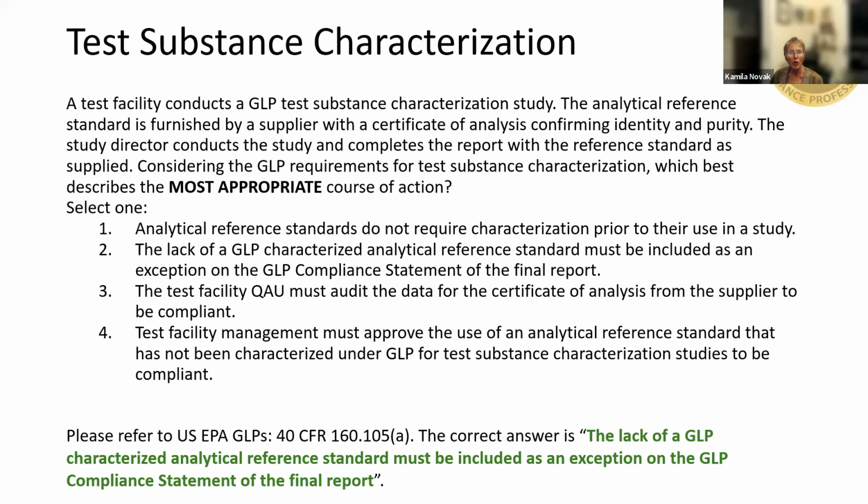It should be included as an exception on the GLP compliance statement because it's not compliant. But you may think about the test facility management approval that would be sought in the very beginning, and perhaps there will be a delay in the study start and a request for some verification with the supplier.